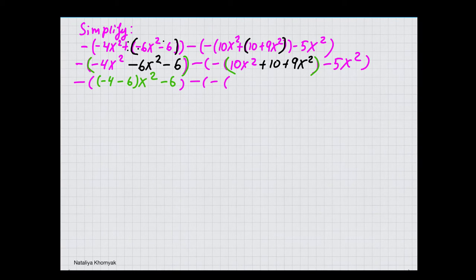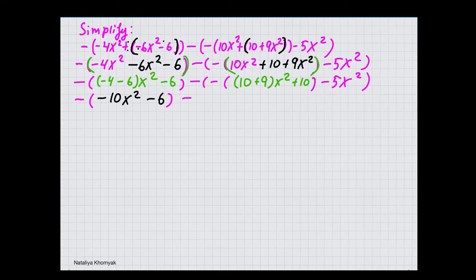In the second one we have 10 plus 9 of x to the second, plus 10, minus 5x as is. So we have negative 4, negative 6, same sign. We look for sum, and it's negative 10x to the second minus 6.